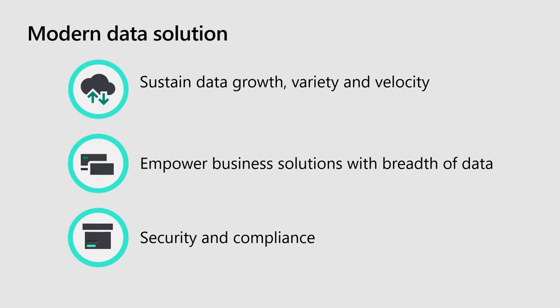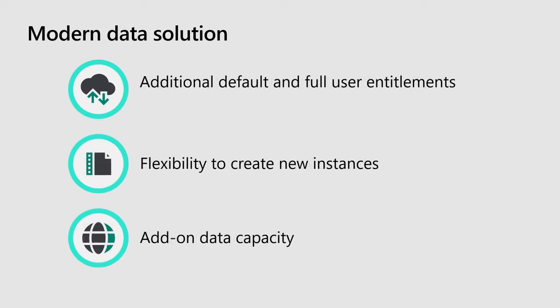And when we look at our modern data solution and at what we used to provide to the customers, we realize that there are several things that we need to do in order for Common Data Service to work for you. The first thing that we realized is that we need to change our licensing schema a little bit.